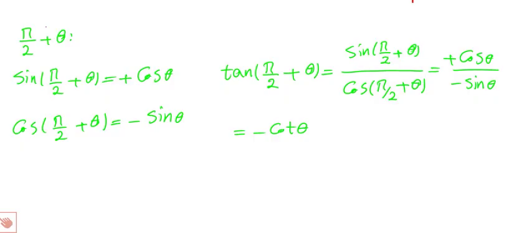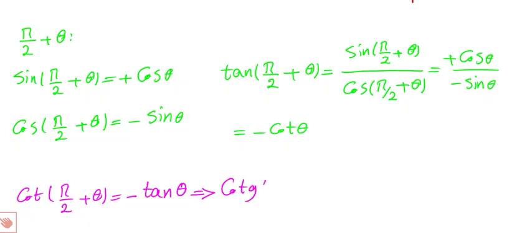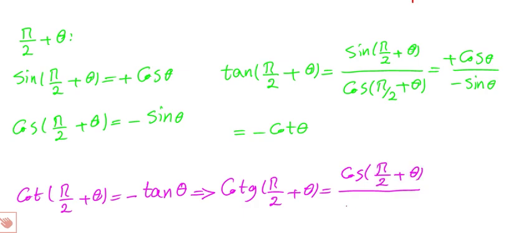And finally, cotangent of pi over 2 plus theta is equal to minus tangent of theta, because cotangent of pi over 2 plus theta is equal to cosine of pi over 2 plus theta divided by sine of pi over 2 plus theta, which is equal to minus sine of theta divided by positive cosine of theta.